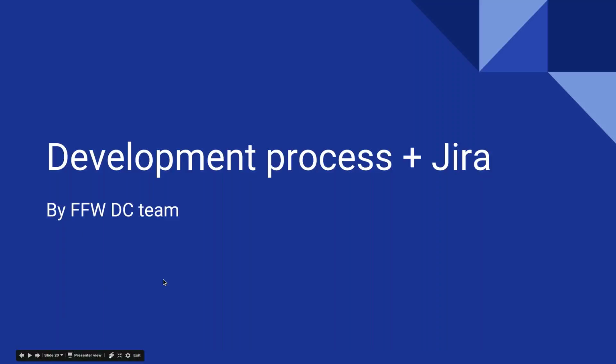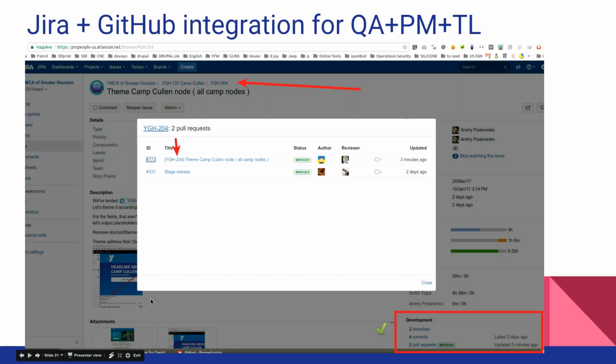And also a few words about development processes plus Jira. As you might know, we are moving to Workfront, but it doesn't actually change our performance, our experience. So for Jira, we have a GitHub integration plugin, which looks like a tab named Development at the bottom right place.